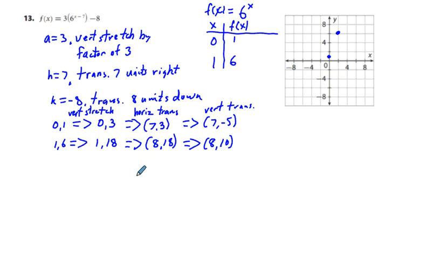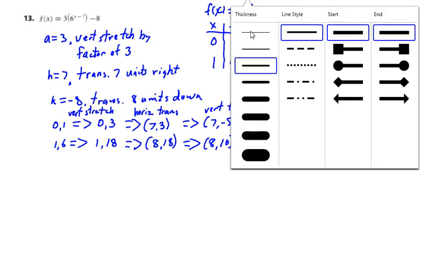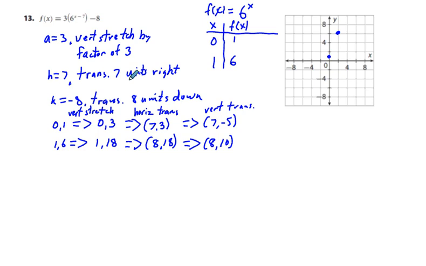So we have, I'm going to switch to red now, and mark our answers. Our k equals -8, that's going to be our horizontal asymptote. Y equals -8.